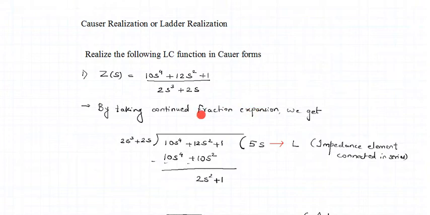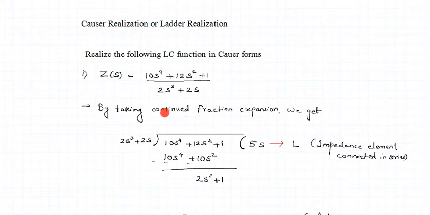In a continued fraction expansion, the very first important thing is that the order of the numerator should be larger than the order of the denominator, and that is true for the given system. That's why we did not have to do any adjustment; we simply start to divide because the numerator has higher order than the denominator.